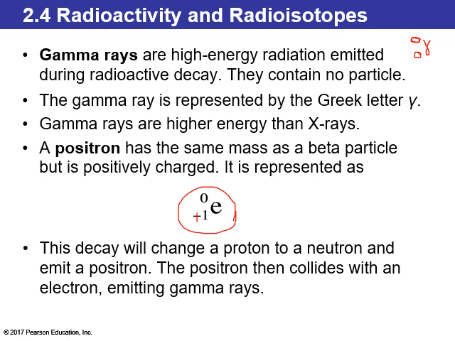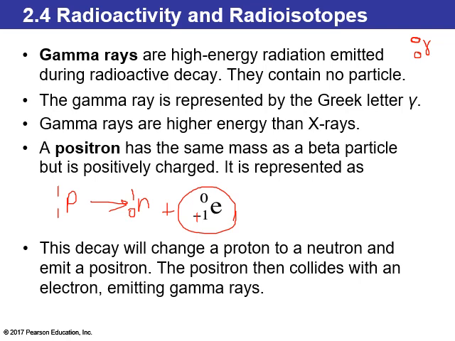This decay will change a proton to a neutron, and it will emit a positron. So if we have a proton here, proton has a 1 here, a 1 here. If it gives off a positron, we balance that by saying we have a 0 and a 1 there.